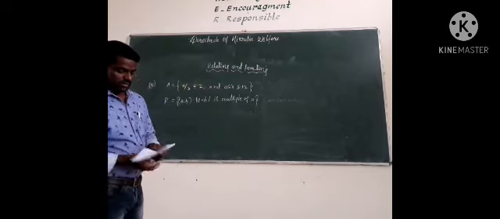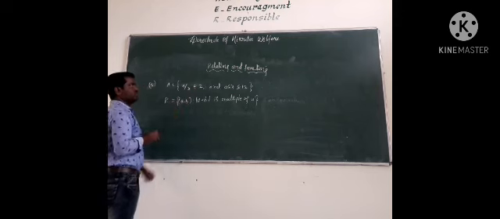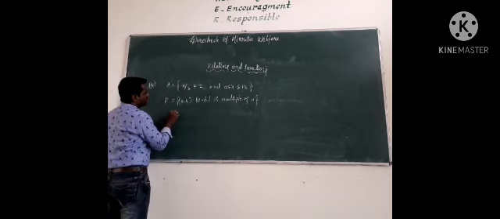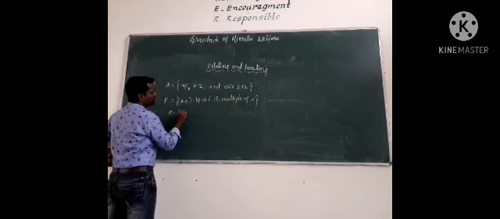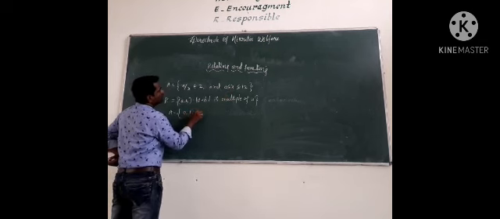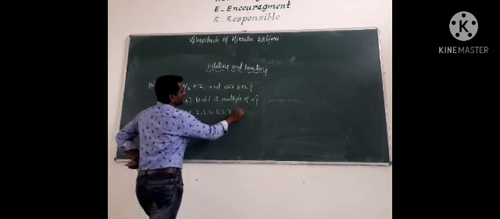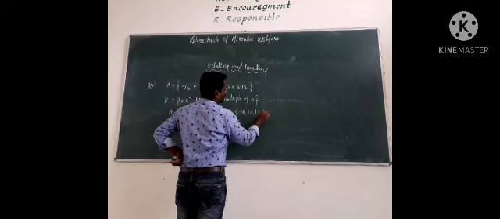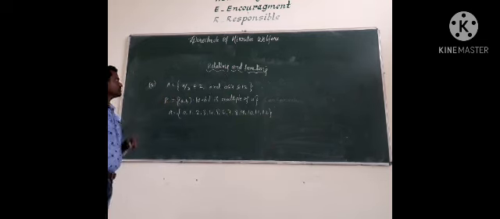Now, here x belongs to Z. That means the set is 0, 1, 2, 3, 4, 5, 6, 7, 8, 9, 10, 11 and 12. Okay, this is the set A, written in this form.